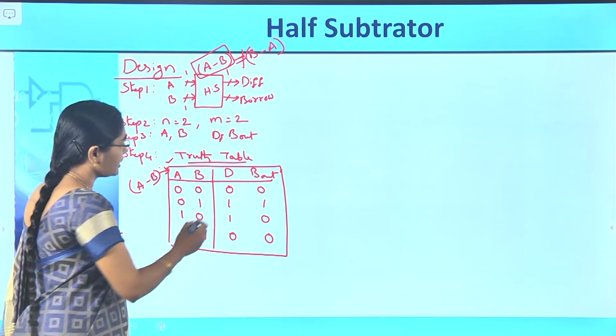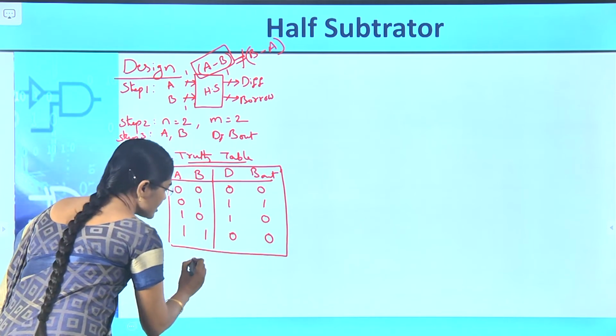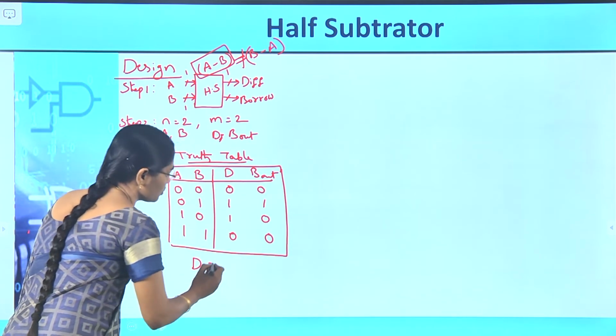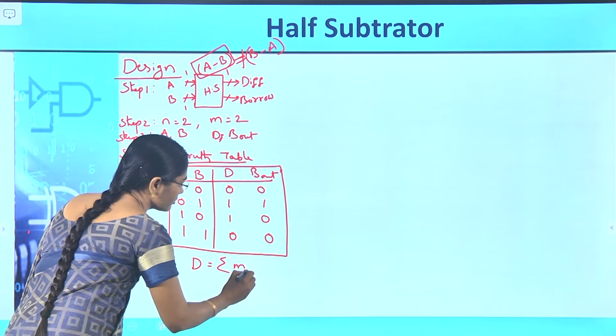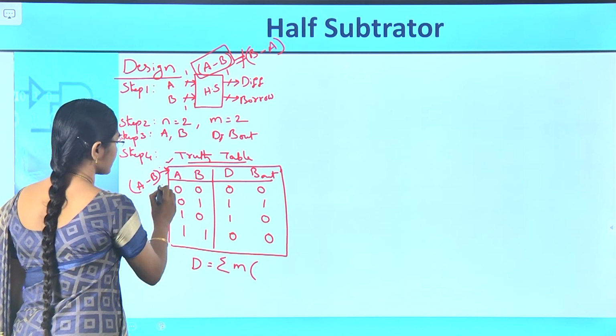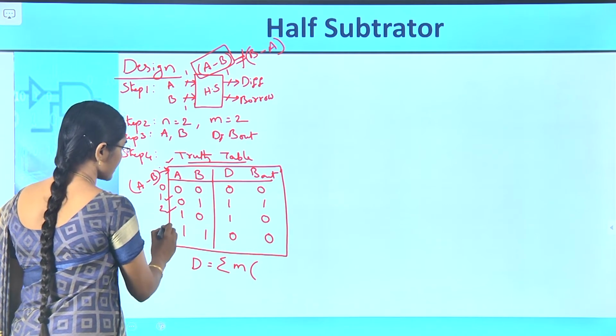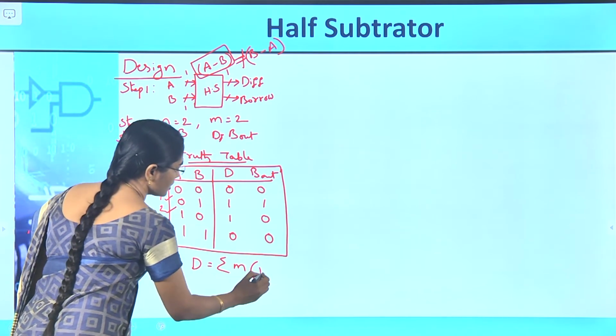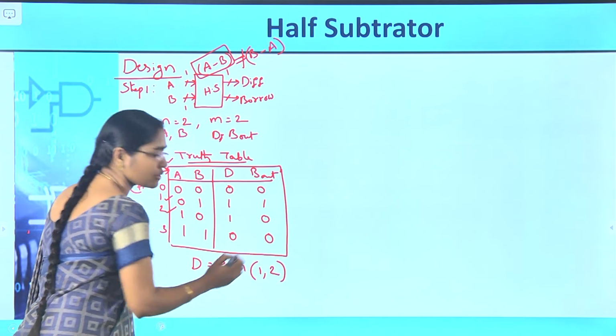From this truth table, difference is equal to sigma m of the minterms, and as per the decimal equivalents, the minterm numbers are 1 and 2. So sigma m of 1 and 2.